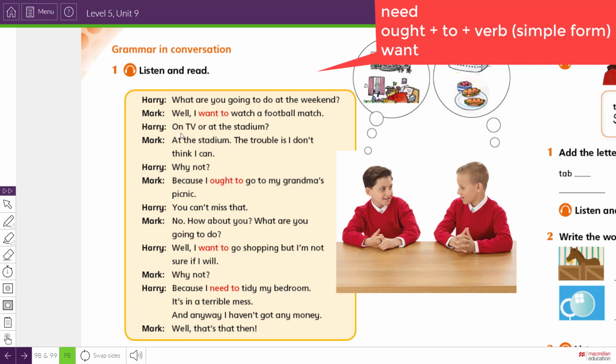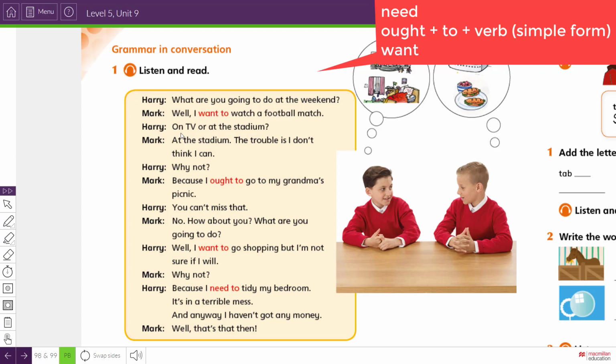Let's move to ought to. Ought to is a semi-modal verb, similar to should, but it's stronger than should and less strong than must. It's in between should and must.